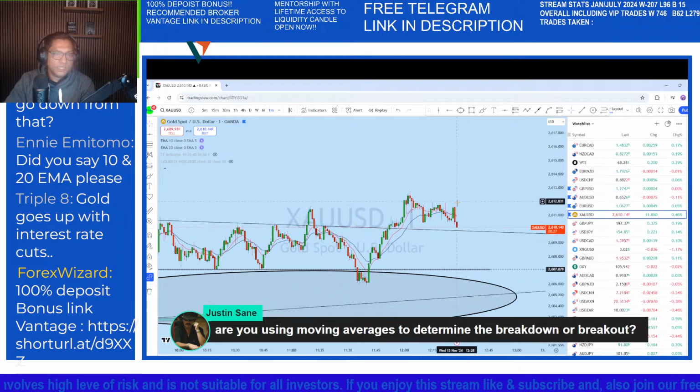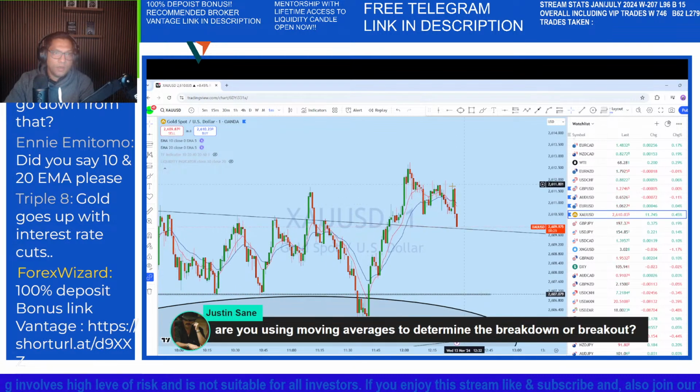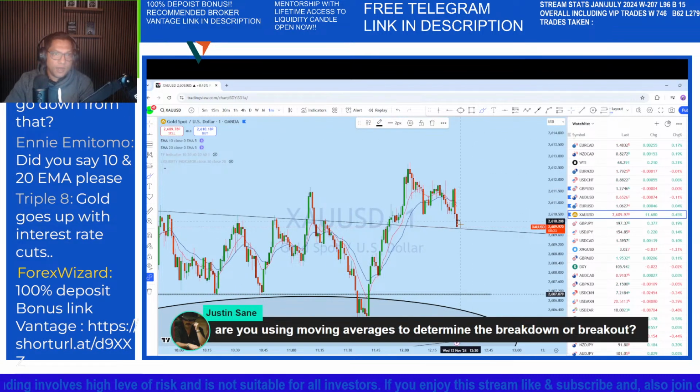Okay, we have seen that there is a liquidity grab here, and the market has now started to drop again.